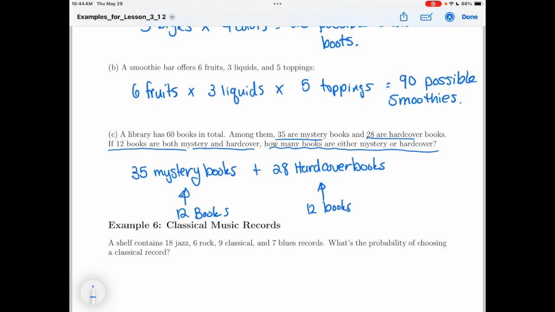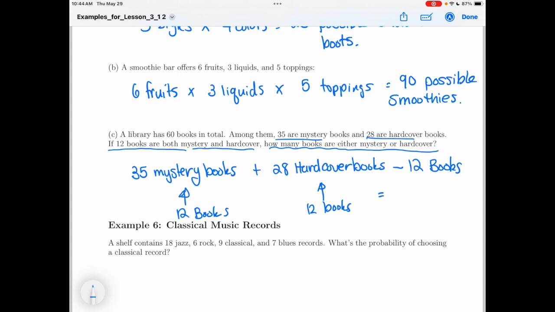So, in the 35 mystery books and in the 28 hardcover books, we counted those 12 books twice, and we don't want to double count because that will give us false information. So I'm going to subtract 12 of those books so we don't count them twice when I add them.